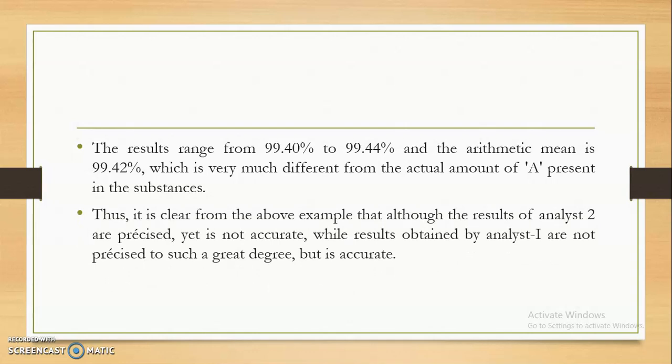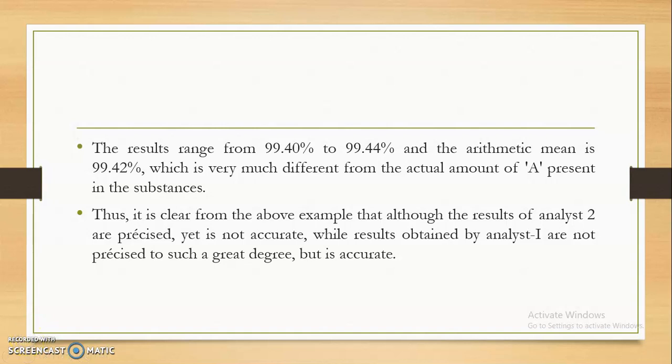So from this analysis it is clear in the above example that although the results of analyst 2 are more precise because they are very close, they are not accurate, while the results obtained by analyst 1 are not precise but have a great degree of accuracy.